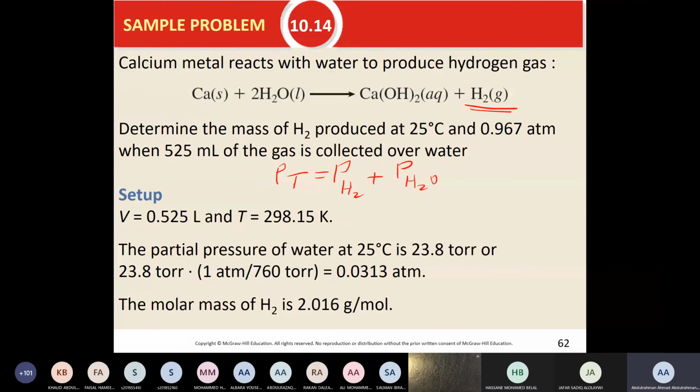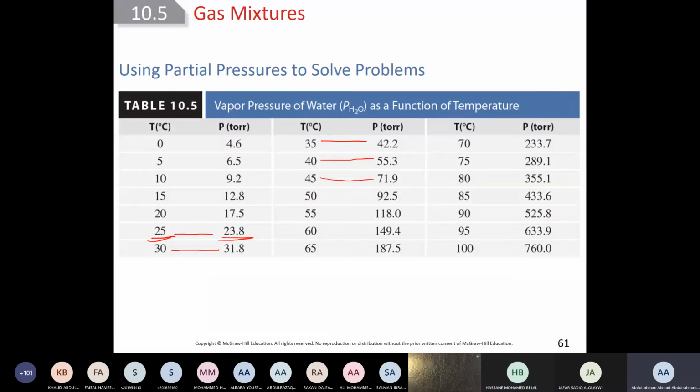What's the pressure of water without even thinking? The gas was collected at 25 degrees C. So the pressure of water is 23.8. You have to go back to the table and find the pressure of water at this temperature. I find it from here.